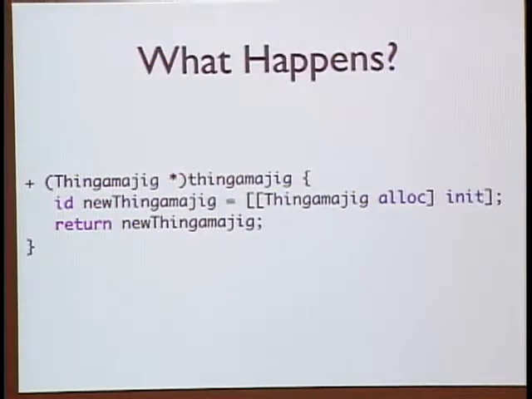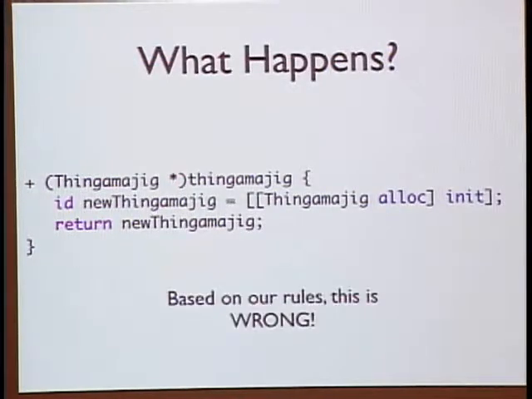So basically what we're saying is that we want this object to live on outside of this method. So this is bad based on our rules, right? Why would this be bad? Well, you and I don't know how thingamajig is implemented. We do right now because we're seeing it, but pretend we don't have the code. All we know is that we can send a thingamajig message, and when I do that, I get a thingamajig back.